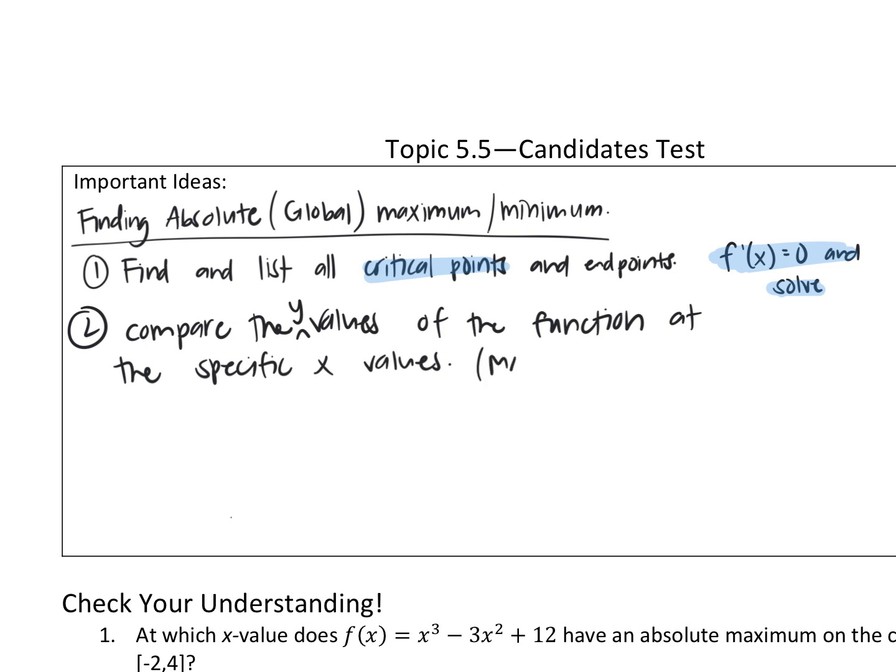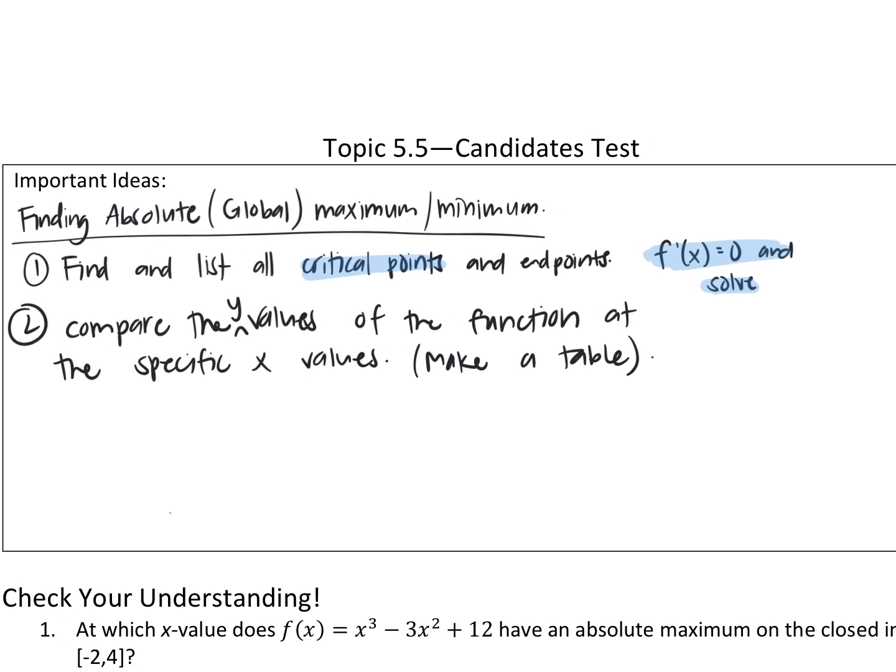So this is where we're going to make our table or make our t-chart, where we have our x values on the left and our f of x values on the right. Okay, or you have your critical points. Sometimes you'll see critical points abbreviated with CP, and then your endpoints as well go over there.